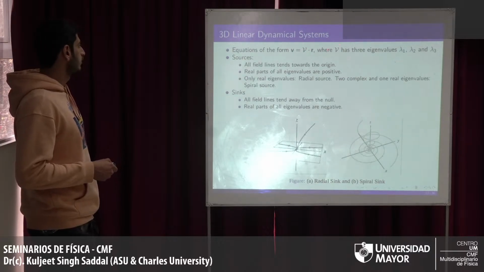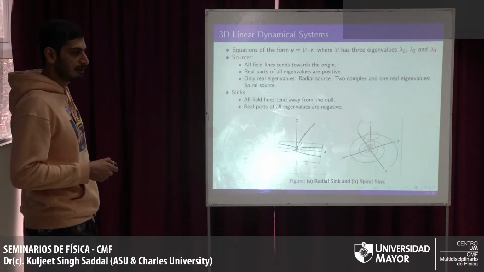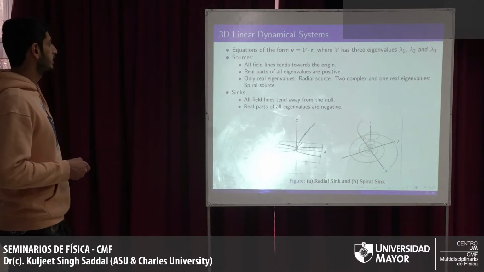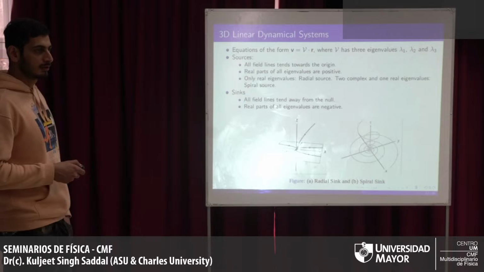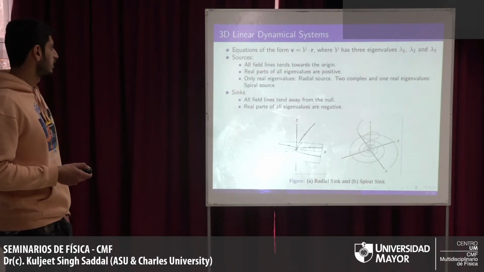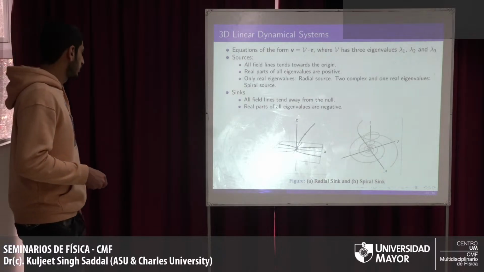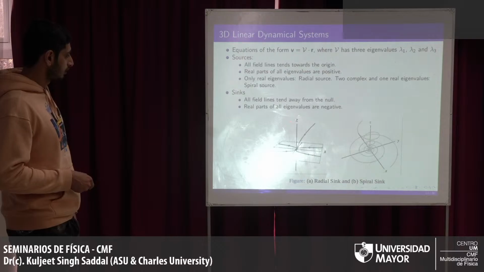Now here the matrix V will in general have three eigenvalues, lambda 1, lambda 2 and lambda 3. If the real parts of all the eigenvalues are positive, we get sources. If they are all negative, we get sinks. And if all the eigenvalues are real, the configuration looks like this.